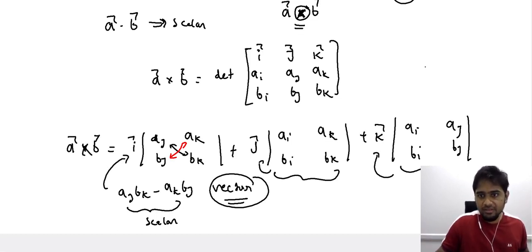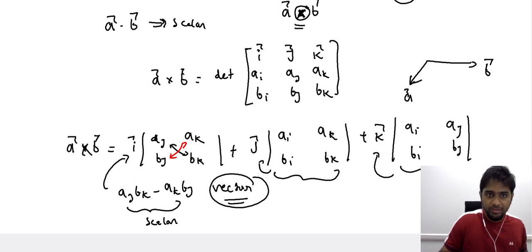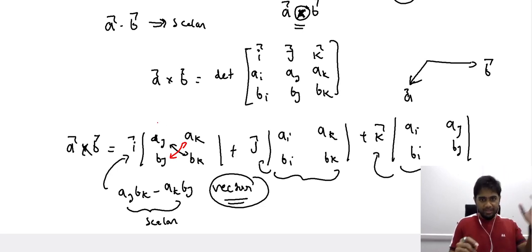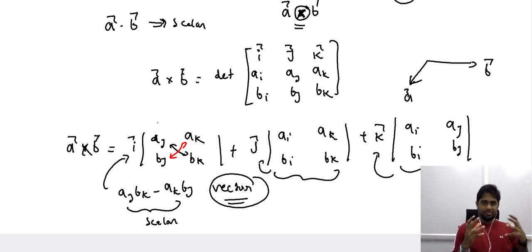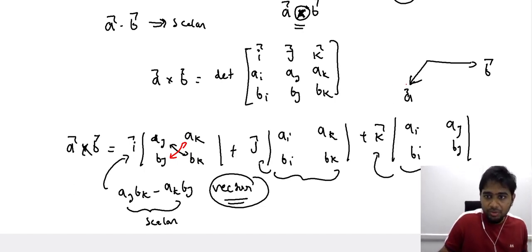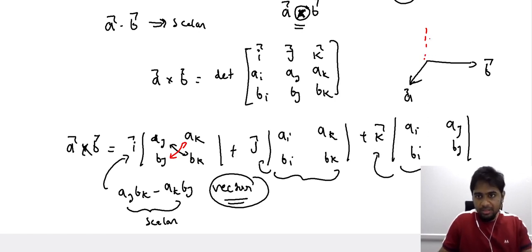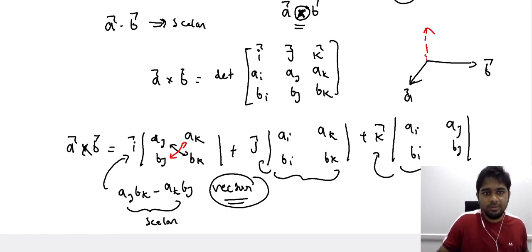Now if you consider these two to be our vectors, say A and B vector, the cross product of A and B needs to have a direction associated with it. The cross product of A and B will have a direction perpendicular to A and B vector, and it follows the right hand thumb rule.